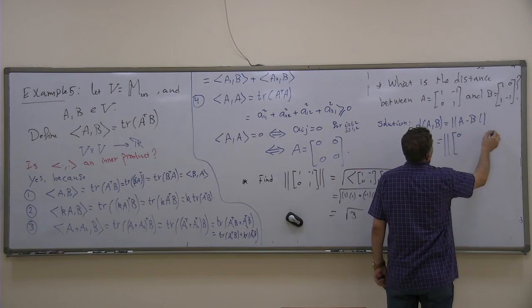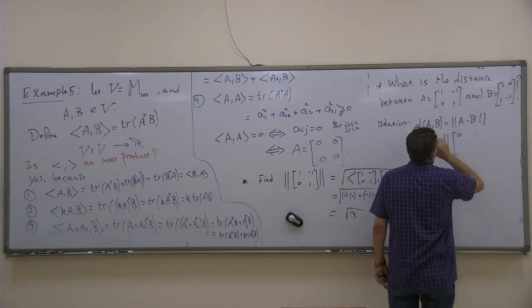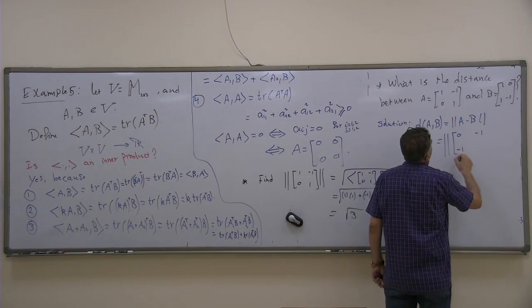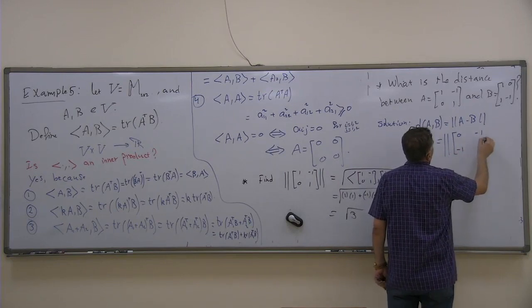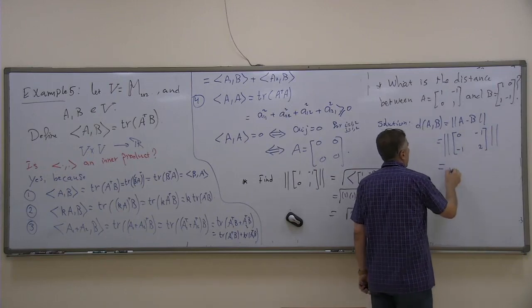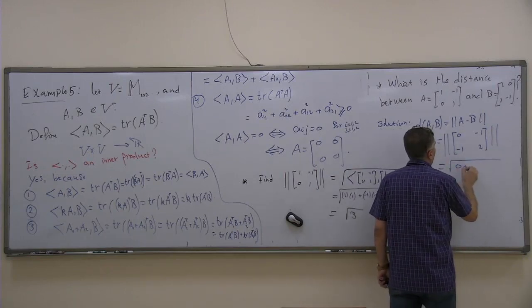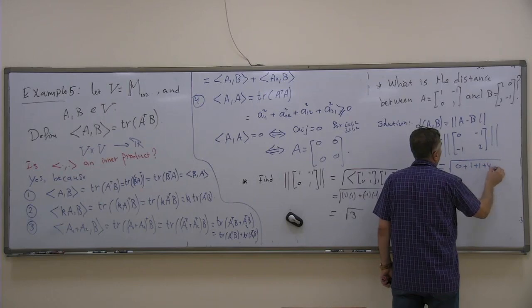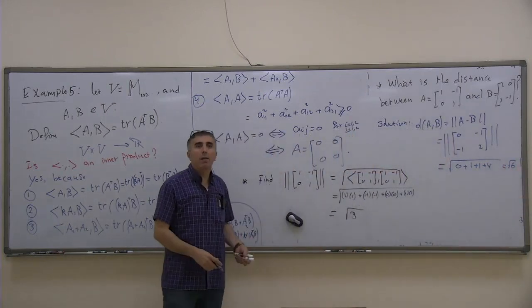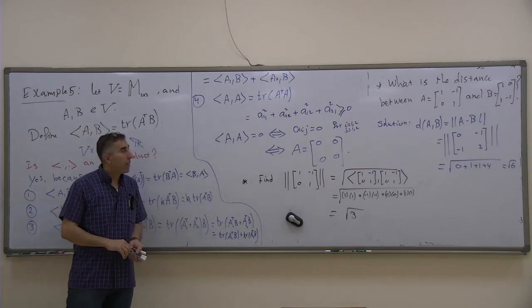That is 0, that is negative 1, this is negative 1, and this is 2. And what is the length of this? That is the square root of 0 plus 1 plus 1 plus 4. So that is the square root of 6. So the distance between those two matrices is square root of 6.